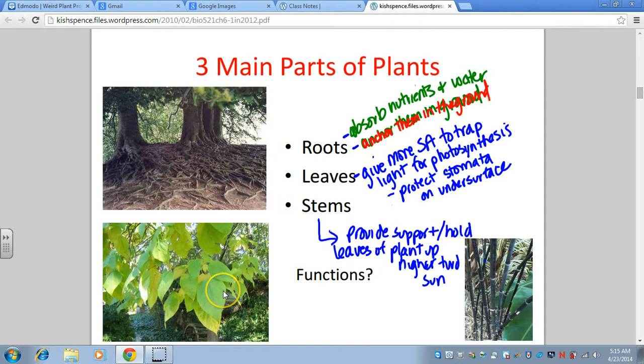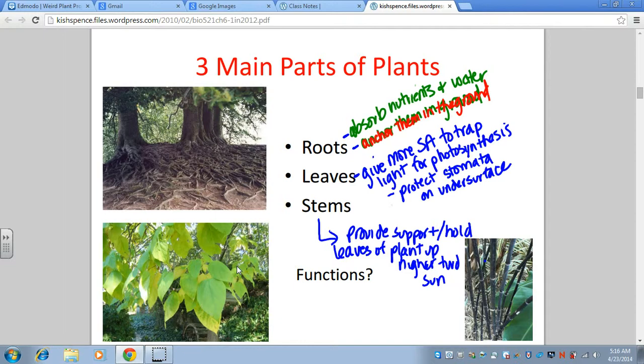Leaves, like these ones here, are important for providing a greater surface area to expose their chloroplasts with chlorophyll in them so that they can catch the light from the sun and undergo photosynthesis. So the leaves are important because they're the site of photosynthesis.